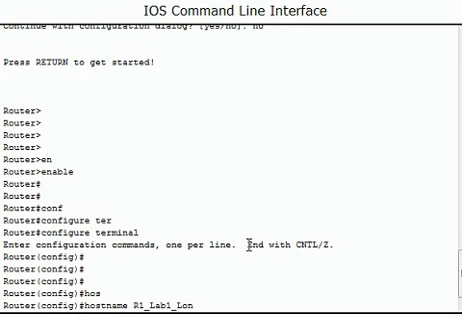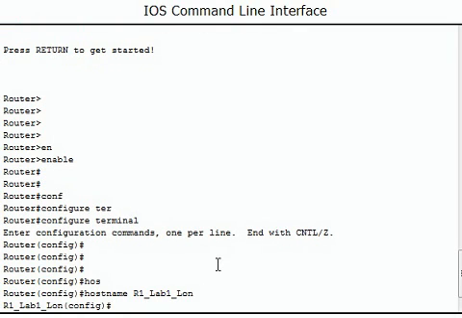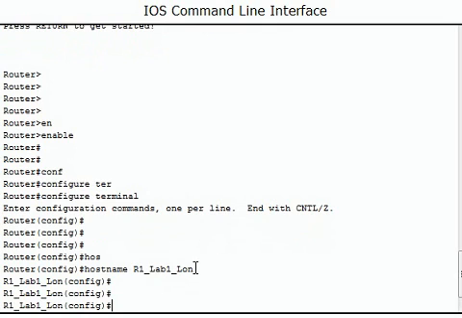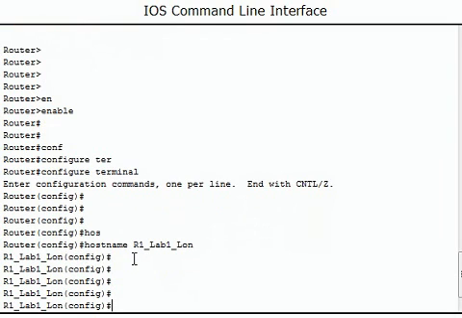So I would know it's my router 1 on lab 1 in London. Okay, here we go. On the command prompt you can see now router 1 on lab 1 in London. So that's it.